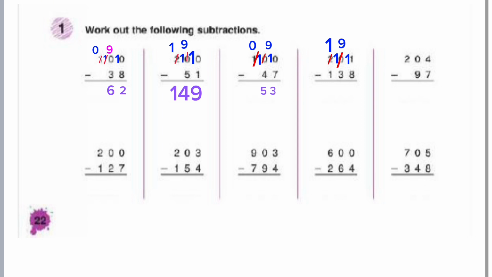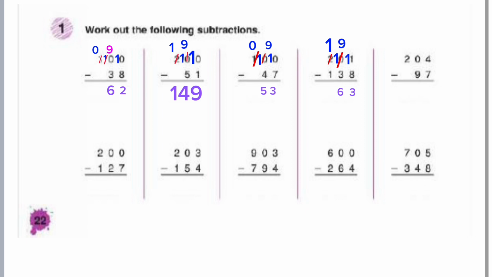So it becomes 9 and the 1 will become 11. Now we can subtract. So 11 minus 8, 3. 9 minus 3 is 6, and 1 minus 1 is 0, so there is no 100. The answer is 63.